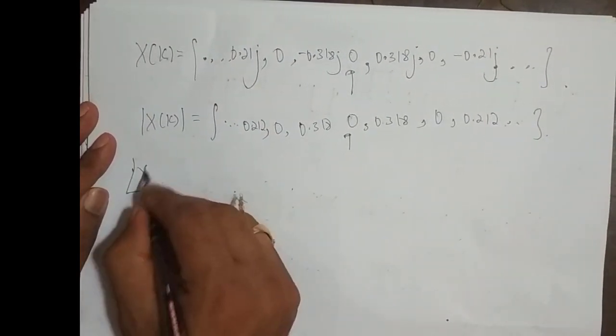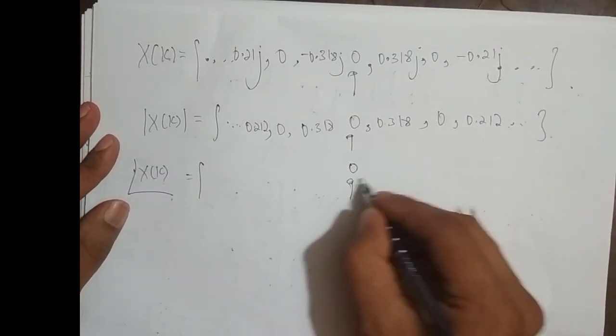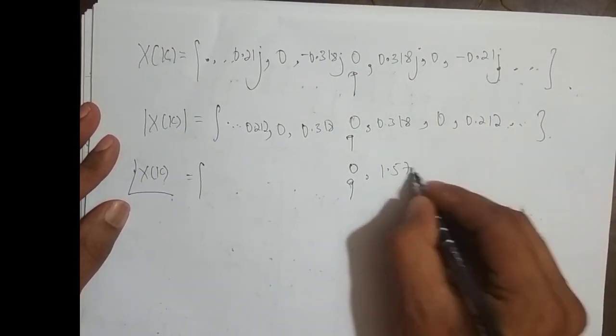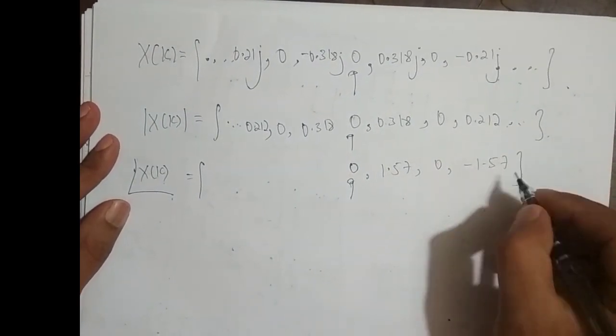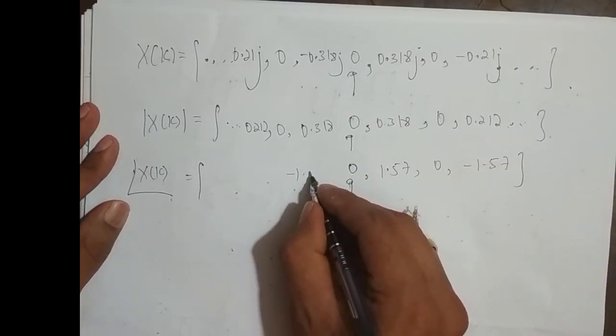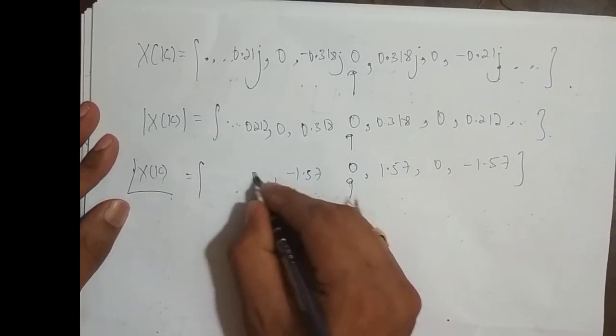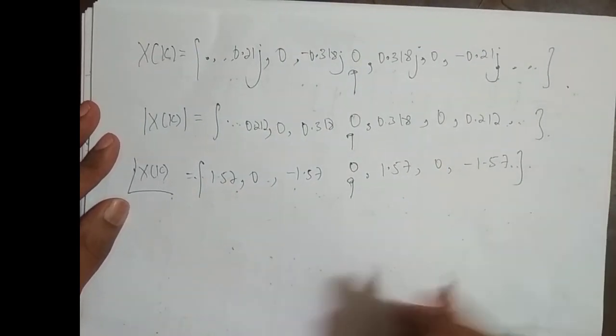I'm not sure, just check it. It should be symmetric. The phase angle of x of k is 0, then 1.57, 0, minus 1.57, and on the negative side minus 1.57, 0, 1.57, and so on in the positive and negative side.